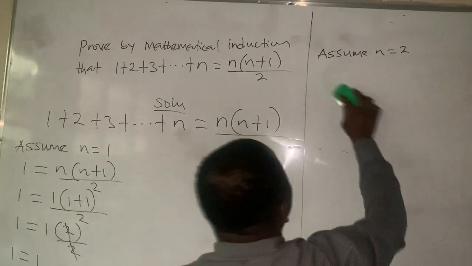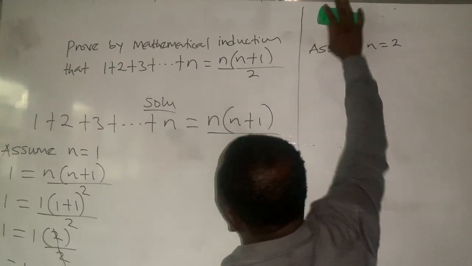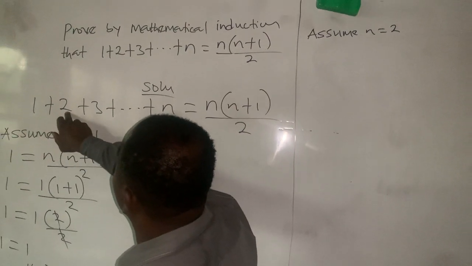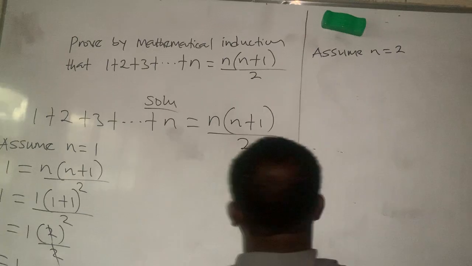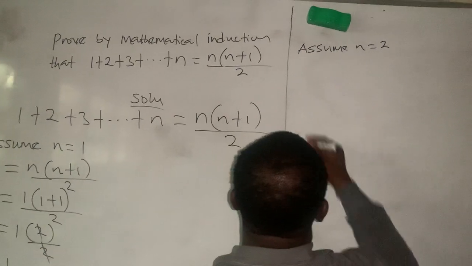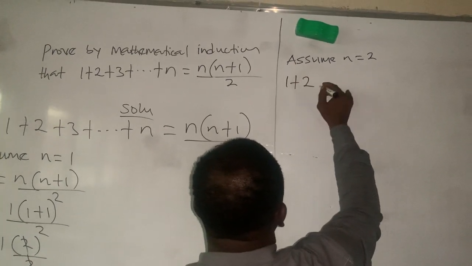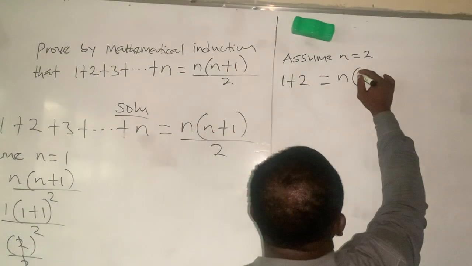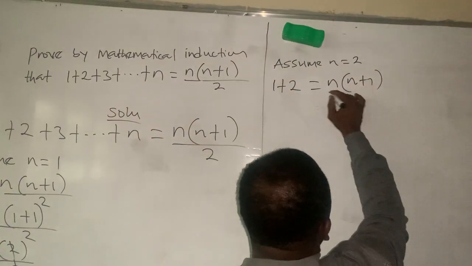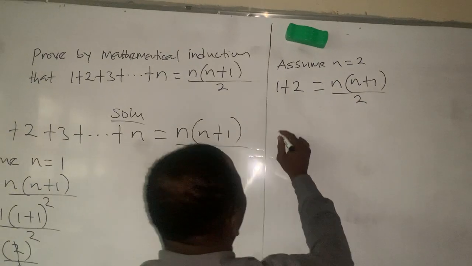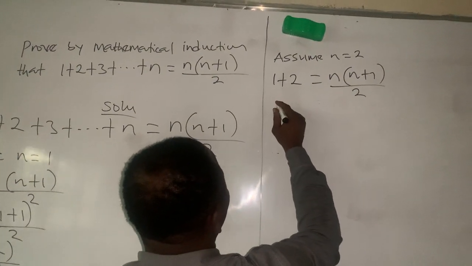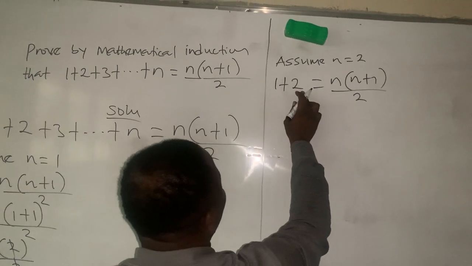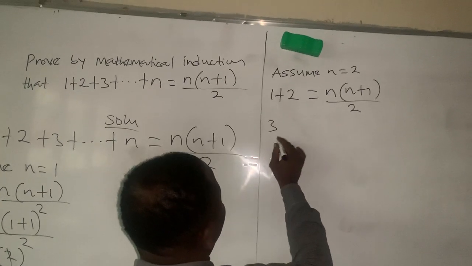Since our n is equal to 2, we are going to count 1 plus 2. It means the left hand side will be 1 + 2 = n(n + 1)/2. Then 1 + 2 is going to give you 3.